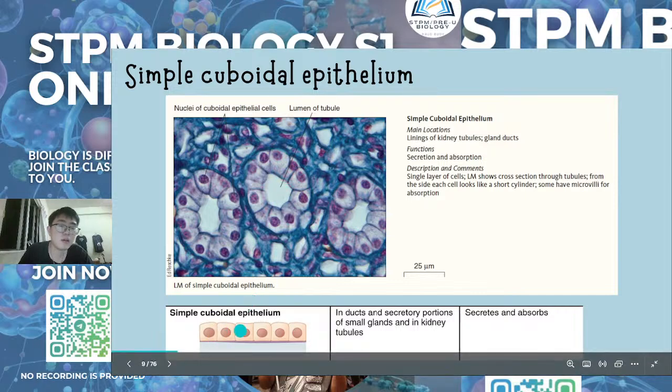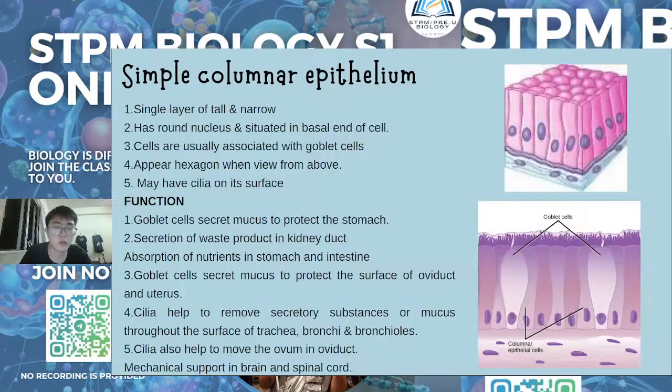Some books show it like this. That is also correct, but normally they are arranged like this. It will not be arranged like the simple squamous one. So this is just the structure that I want you to see.